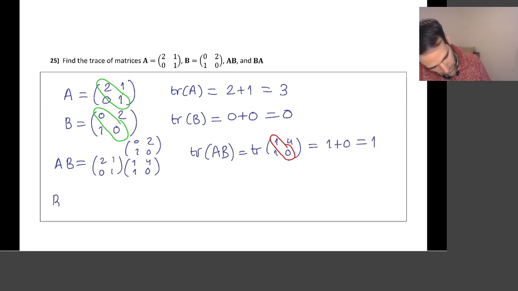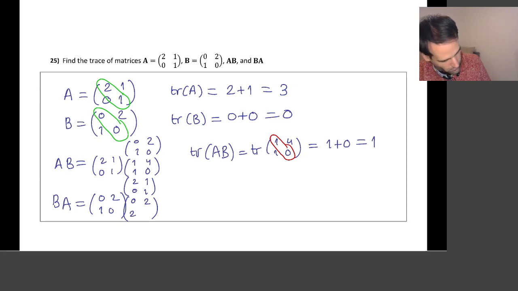While the matrix B times A is equal to, let's write it down quickly. So this is B, now I write A. So now the product of B times A is 0 times 2 plus 2 times 0, 0 times 1 plus 2 times 1, 1 times 2 plus 0 times 0, 1 times 1 plus 0 times 1.